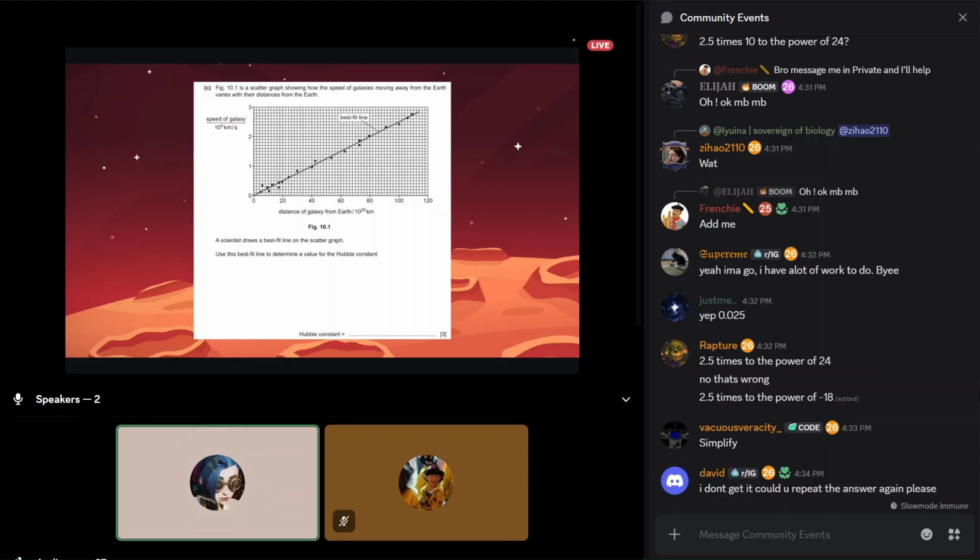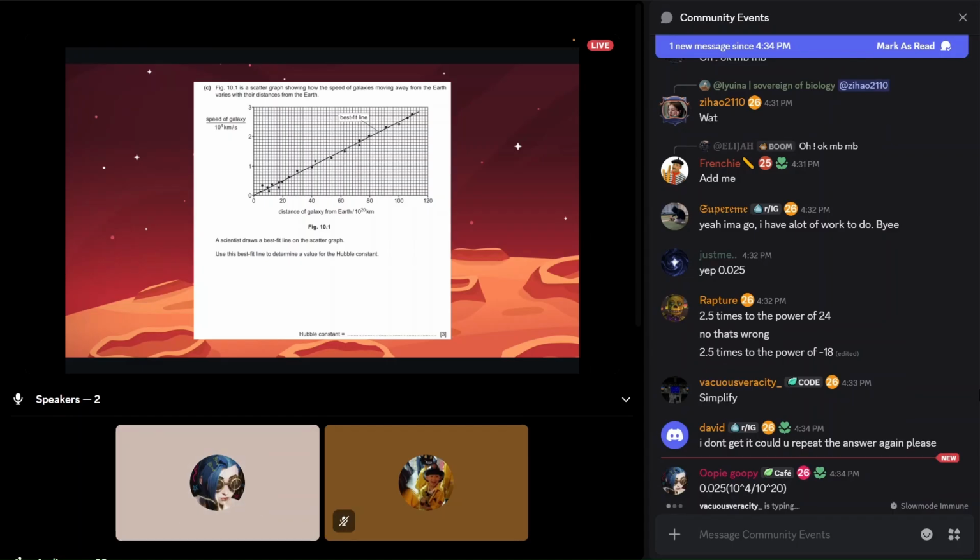Okay, I'm gonna assume you got that as a gradient. So once you get the gradient, you get 0.025. But then you still have to take into consideration the power of 10 in the units. So it's actually 10 to the power of 4 divided by 10 to the power of 20, like this.